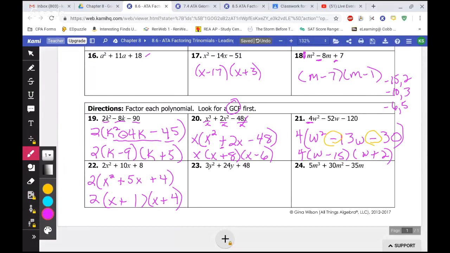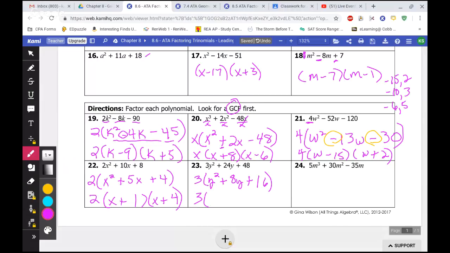All right. What do you think we're going to be able to factor out of number 23? 3. Good job. If I factor a 3 out of each term, I'm going to be left with y squared plus, and 3 goes into 24y, I'd be left with 8y. 3 into 48 is 16, sorry. Now I'm looking for two factors of 16 that when I add them would give me 8y.